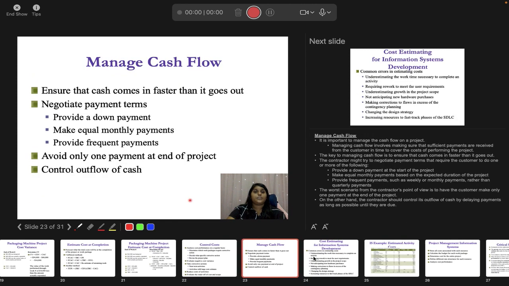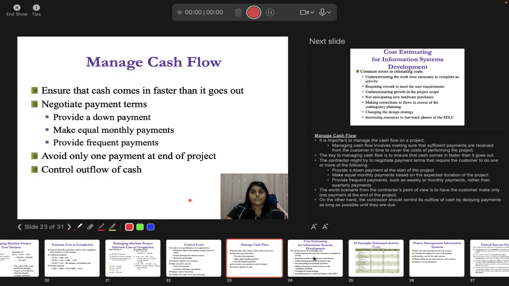And then you need to manage your cash flow. In order for you to control your cost, you need to manage your cash flow. If you have 100,000, you need to plan your budget within that 100,000 only. You should not exceed the 100,000, you should not go way too much than that 100,000. If your budget is only 50,000, you're only going to manage the cash for 50,000.